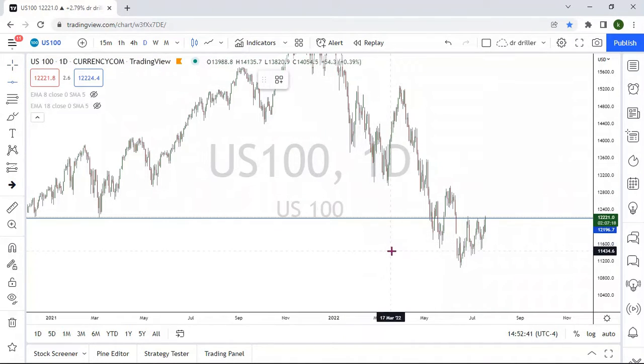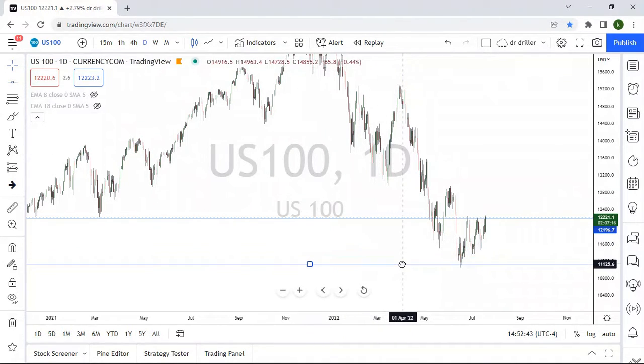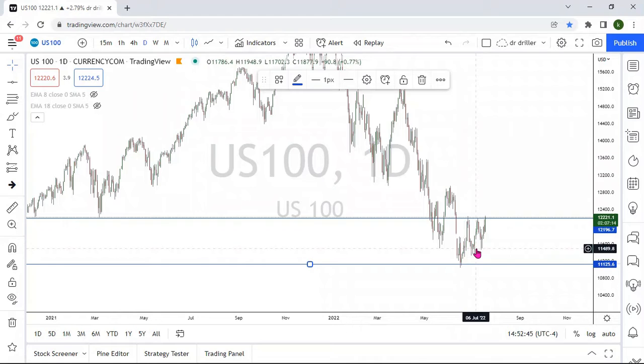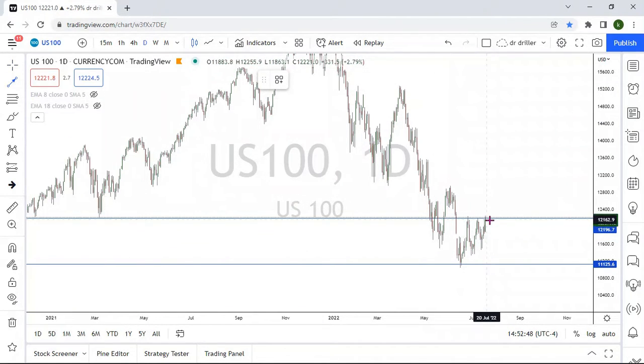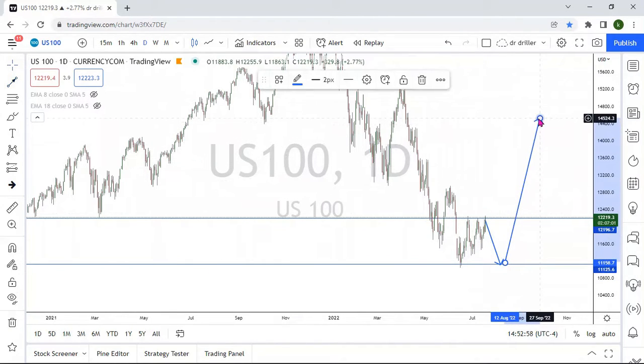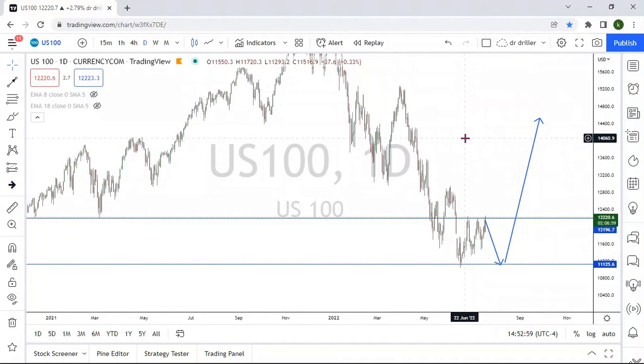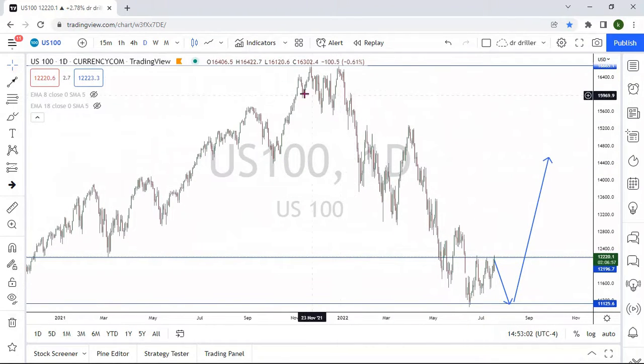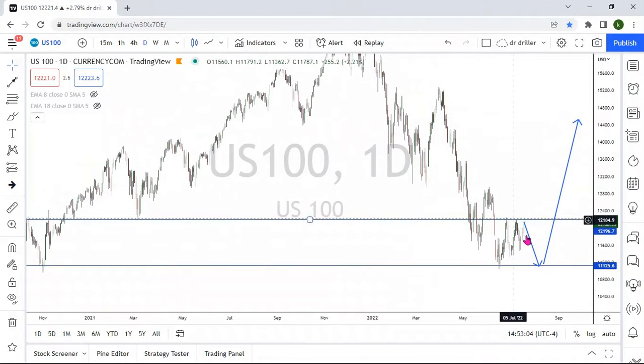Maybe before it goes to the upside, it might come back to retest this area. It's not a confirmed thing, it's just speculation. I'm just speculating that the market might do the same thing as it did right over there.